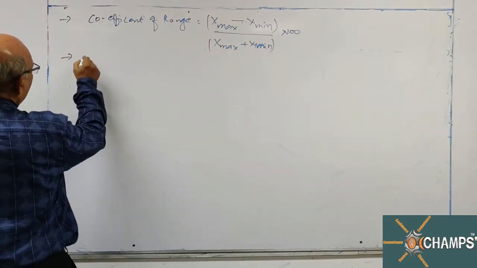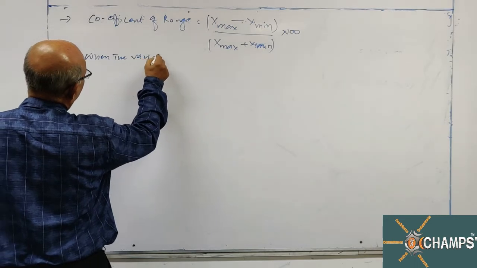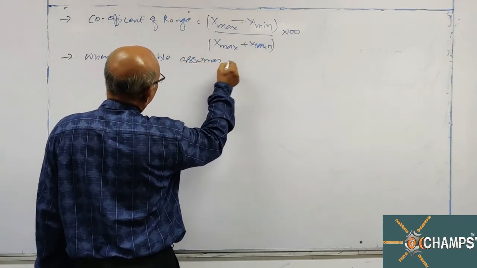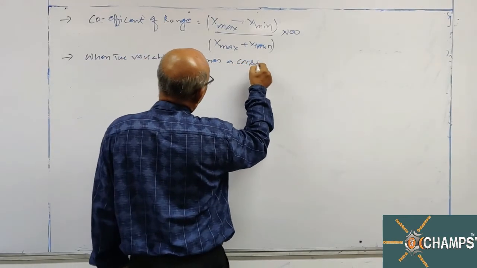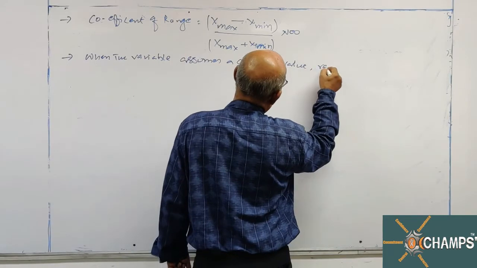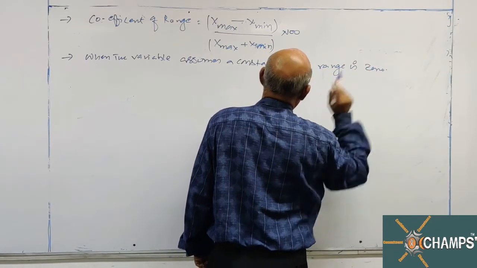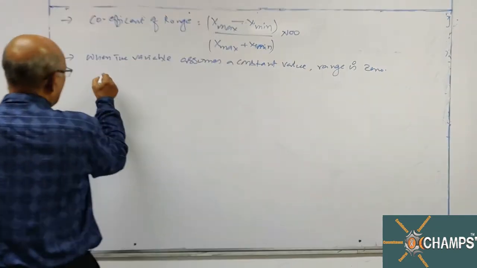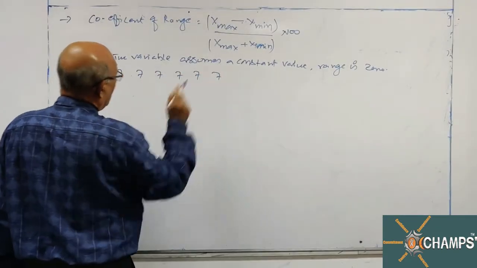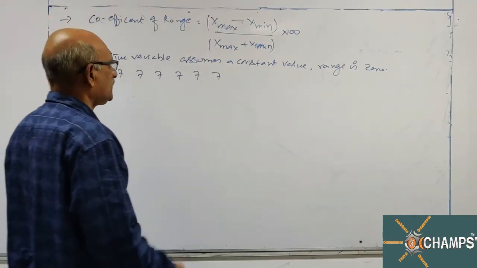Next point, when the variable assumes a constant value, range is 0. For example, x has taken 6 values, all equal to 7.